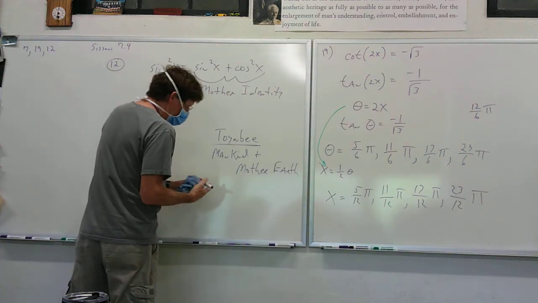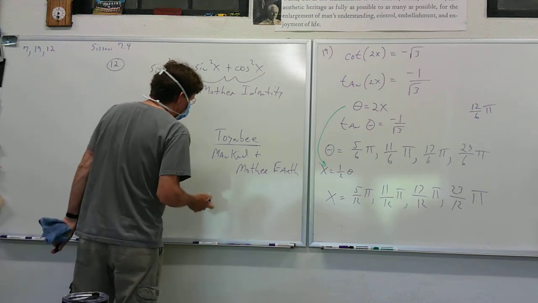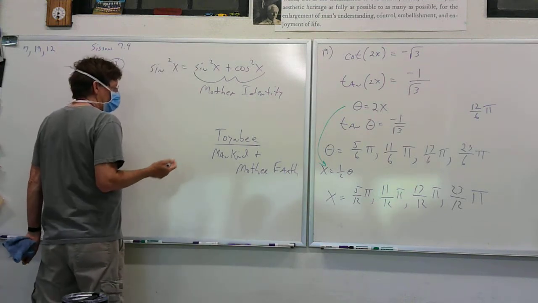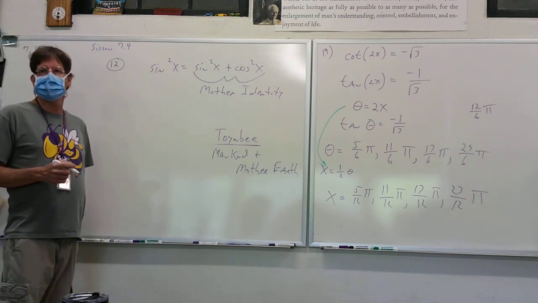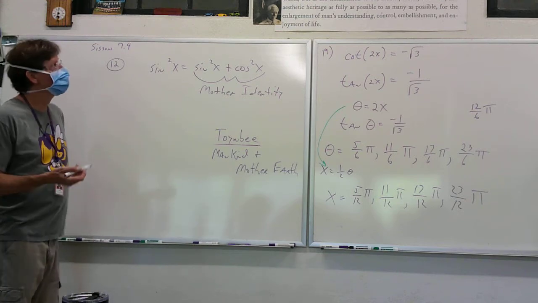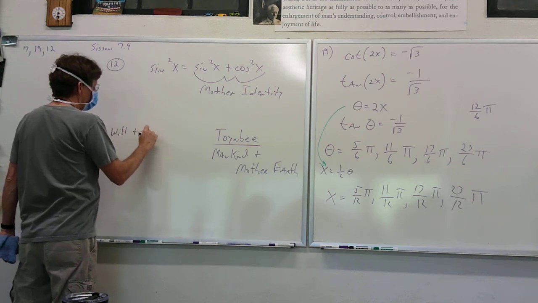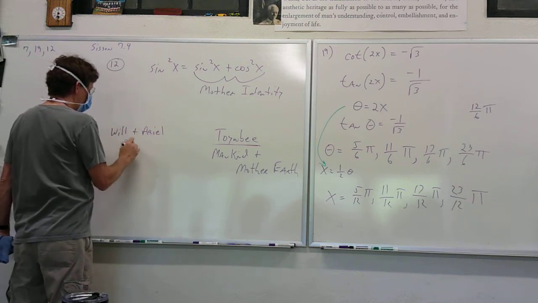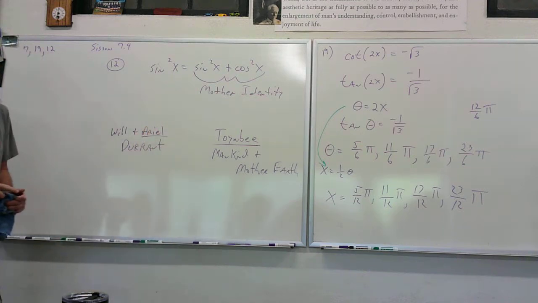He's considered the great English historian of the 1900s. Does anybody know who the great American historian is from the 1900s? Will and Ariel Durant. And the reason I put Ariel's name on there is because she wrote the books with him, even though she never formally went to college.